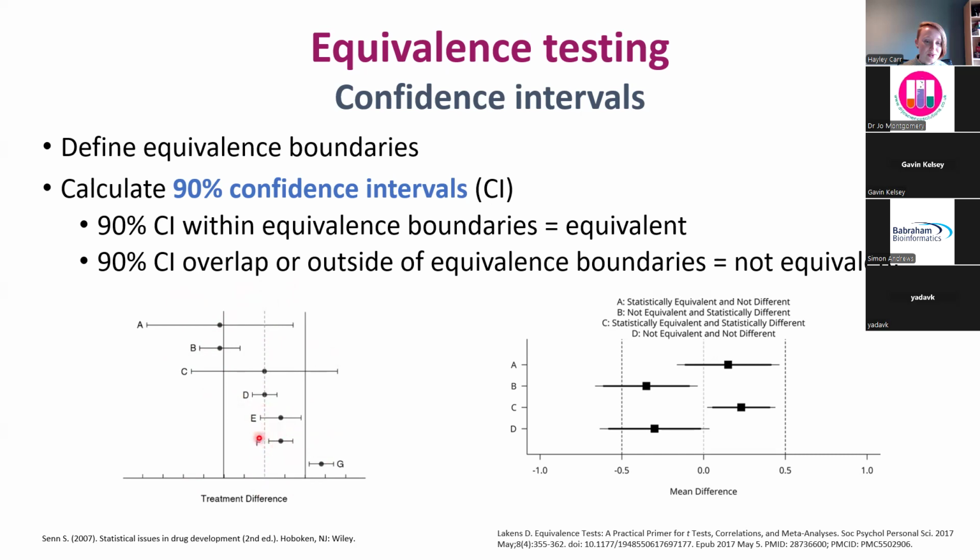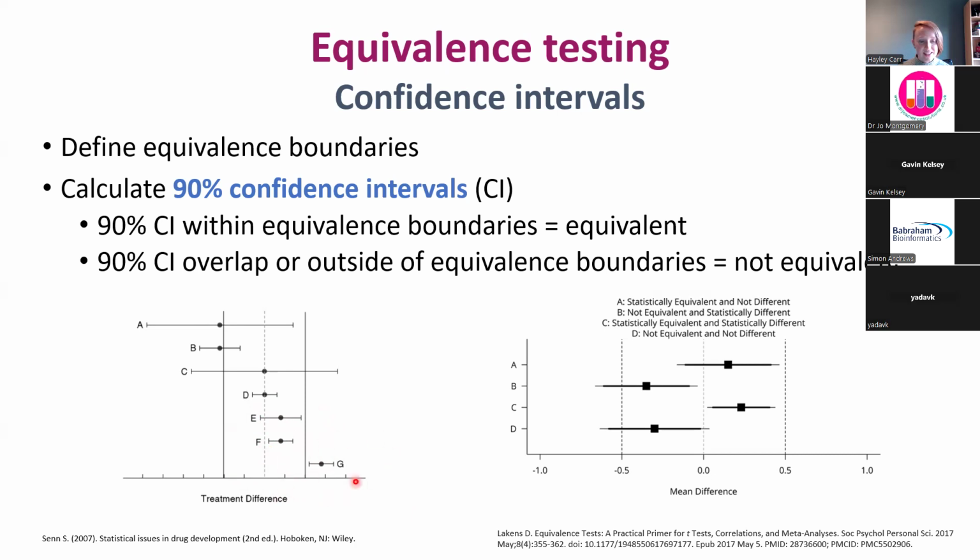But even F, where the confidence intervals don't overlap 0, where there's no difference, they're still considered equivalent because they're within our equivalence boundaries. And so they're not different enough to be sort of biologically different or clinically different. They're just different enough to potentially be statistically different, which I'll come back to in a second.